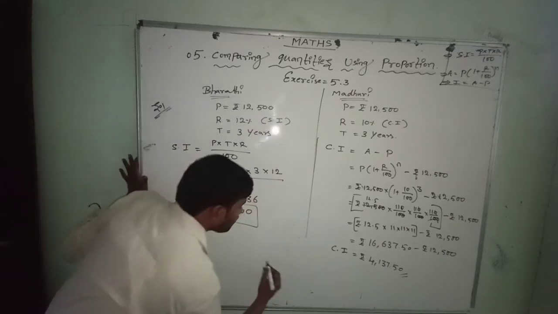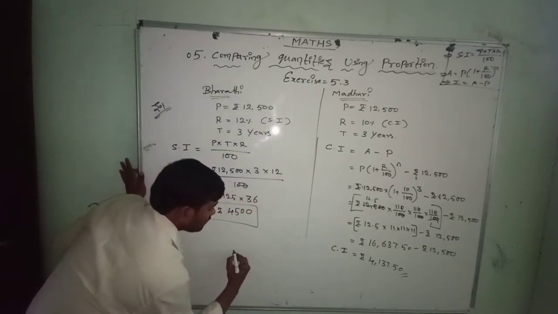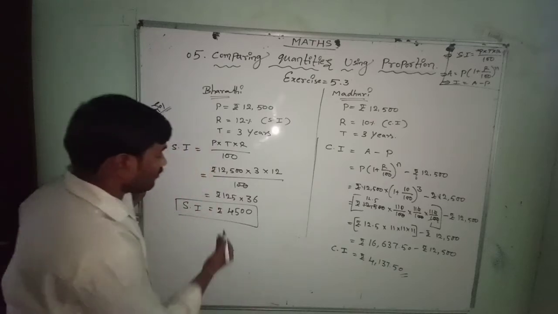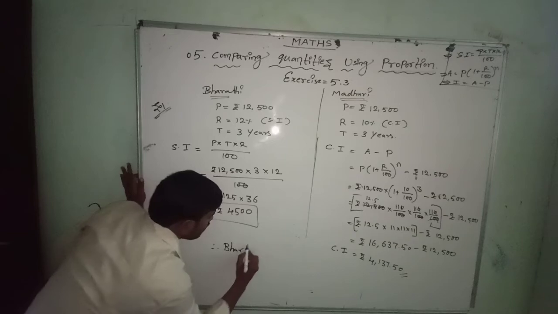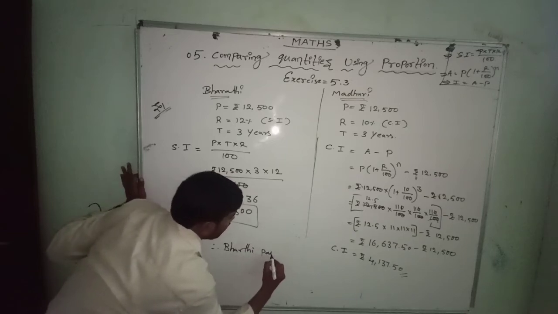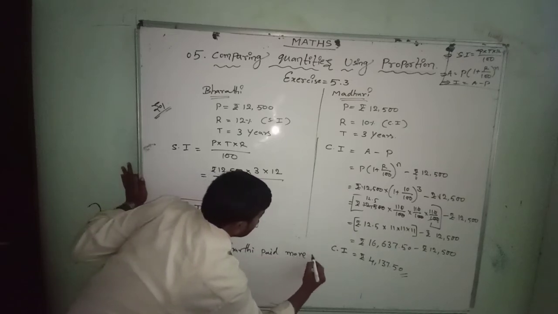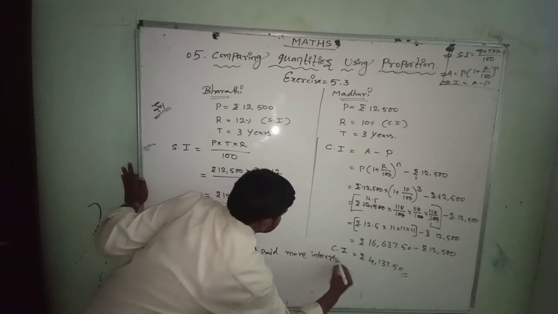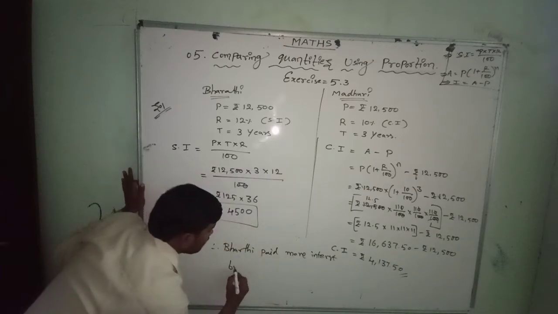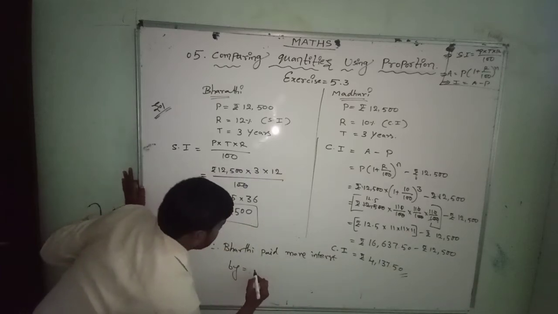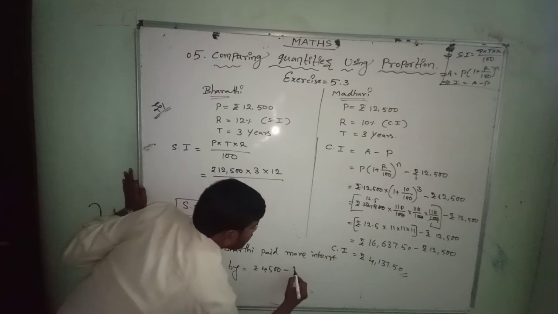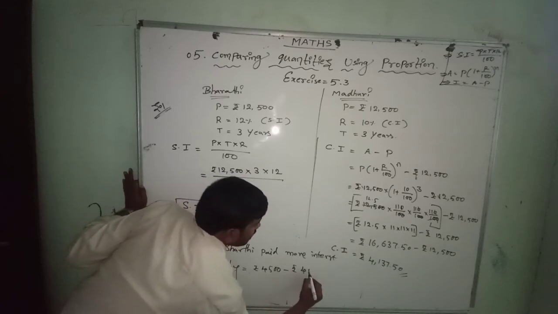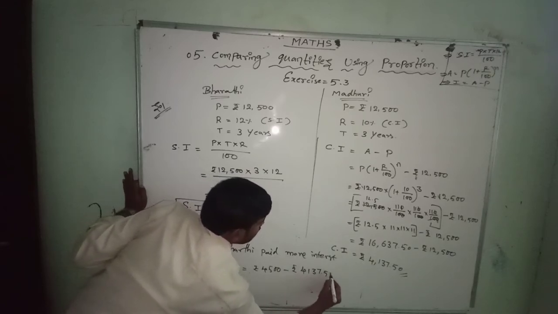What is the difference now? The difference in simple interest. Who paid the more interest? Bharati paid more interest. That is by how much amount she paid? Rupees 4,500 minus 4,137.50.